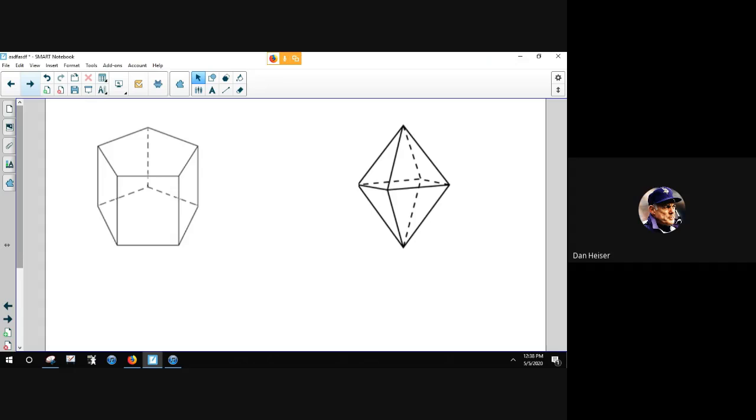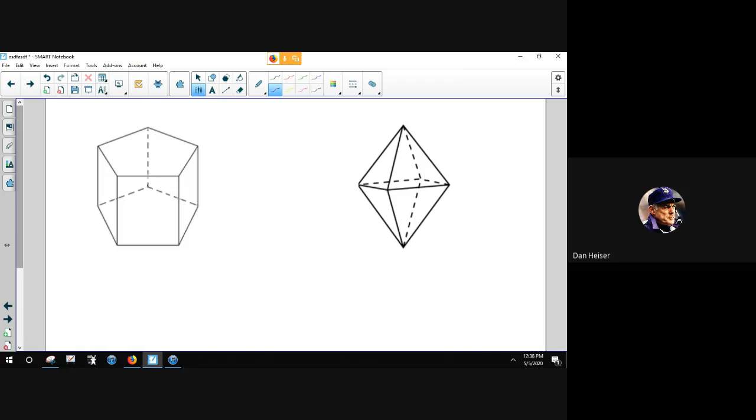Here are two polyhedrons. And we'll get more specific names a little later. For this first introductory lesson, I just want to get through some of the basic vocabulary so that we have an understanding of what things are called and how things relate to each other.